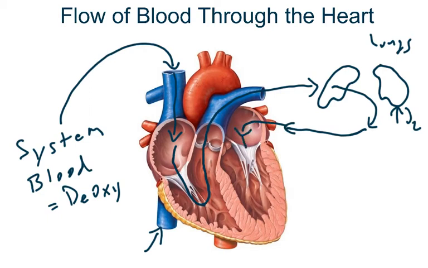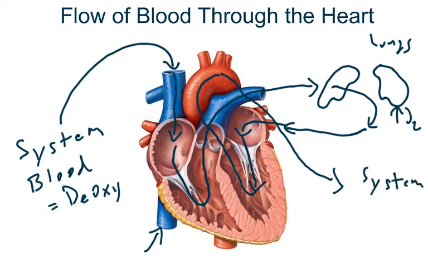From there, it passes through the tricuspid valve into the left ventricle, and then from the left ventricle it is pumped into the body via the aorta, and the aorta carries the oxygenated blood out to the system. So this is how the flow of blood works through the heart.